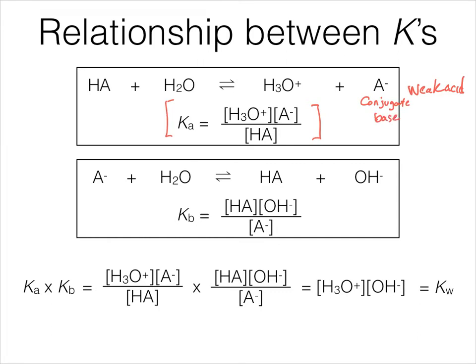It is the base that results from the acid reacting with water. And so we can also look at how this conjugate base, this A-, reacts with water. When A- is dissolved in water, it forms HA and OH-. And so we call HA and A- conjugate pairs.